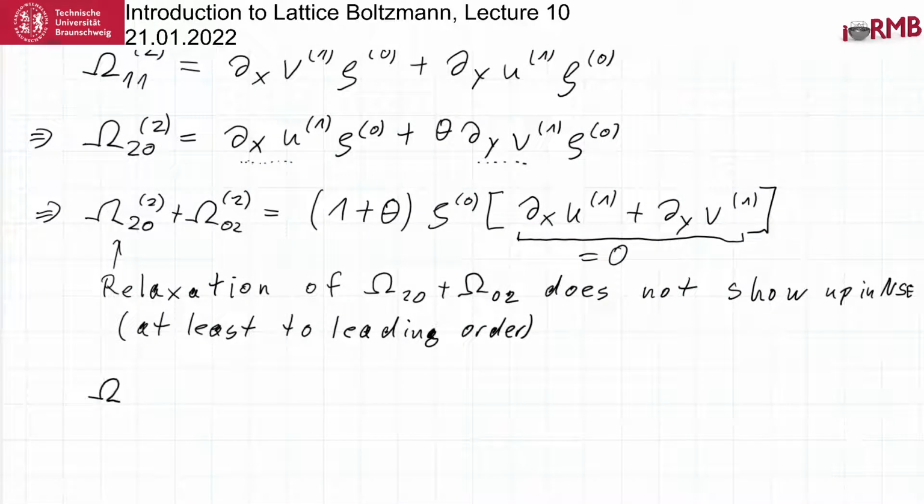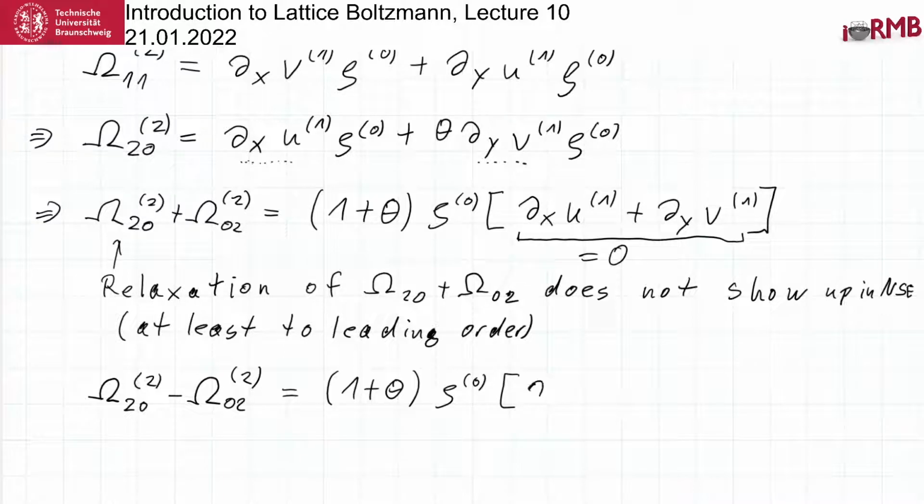However, if we look the other way, because we are not interested in omega 20 plus omega 02, but we are actually interested in omega 20 minus omega 02, we have to use the other combination, which is not 0, because it looks like dx u1 minus dy v1.